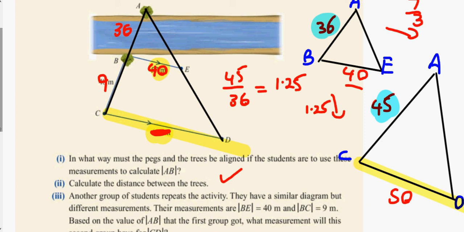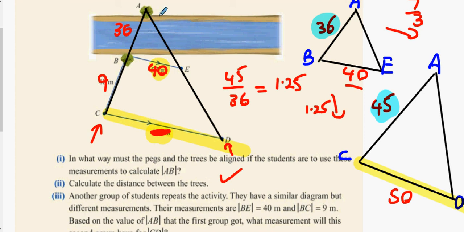Well, what I was trying to say is they could have made sure that all the pegs were in alignment, as in peg C was in line with trees A and B, and peg A was in line with E and D. They didn't want to cross the river was one of the main reasons as well.